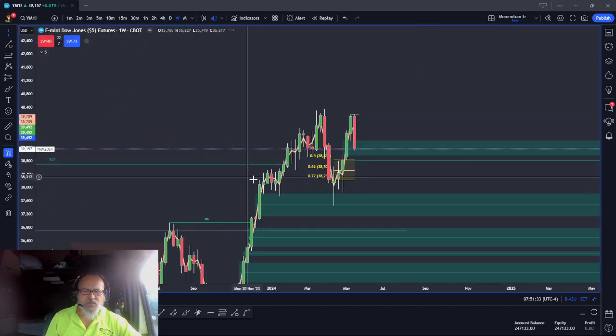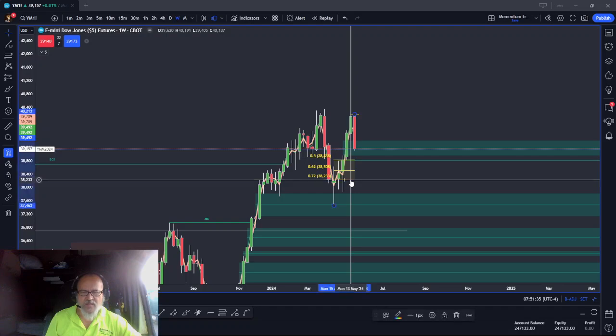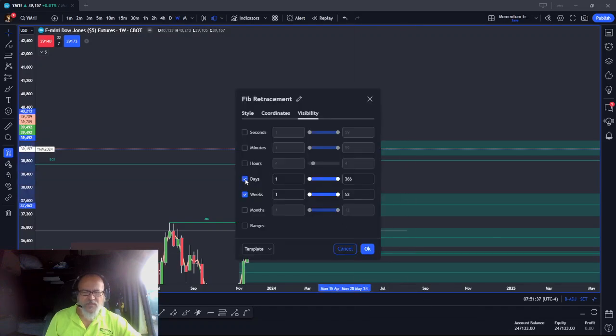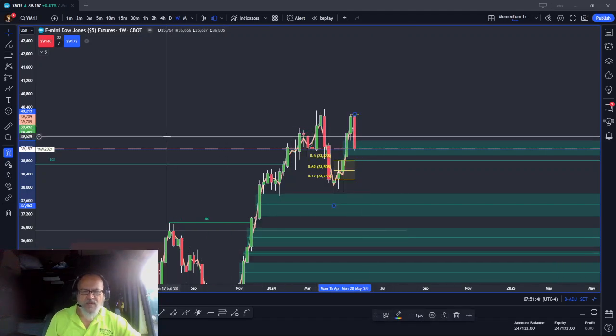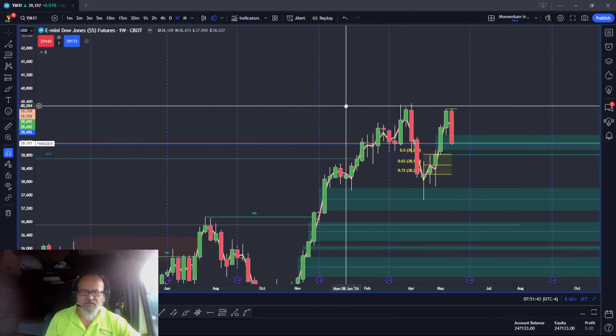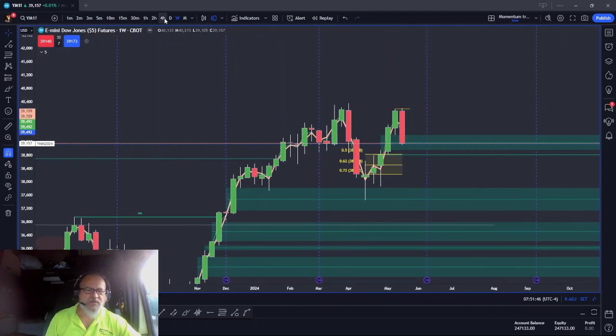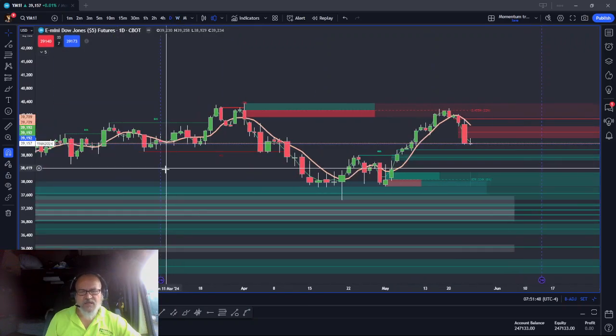Let me go back to the weekly real quick and set my, I don't want to see that on the daily, I just want that on the weekly. I need to make some templates for the different time frames, so I don't have to keep doing that. So back to the daily.